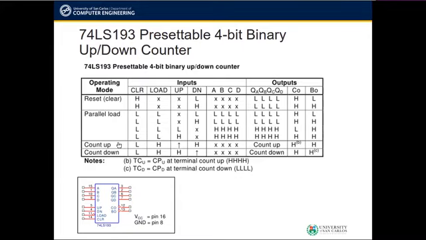Next mode of operation is the count up operation. This operation makes the counter count up or in ascending order. To be able to do that, 0 should be supplied to the CLR, 1 should be supplied to load and the DN inputs as well, and up should be connected to the clock generator.